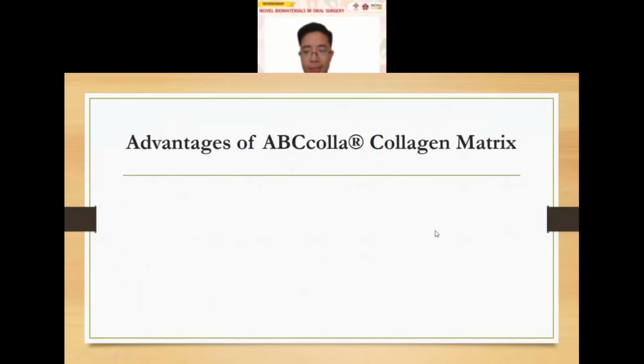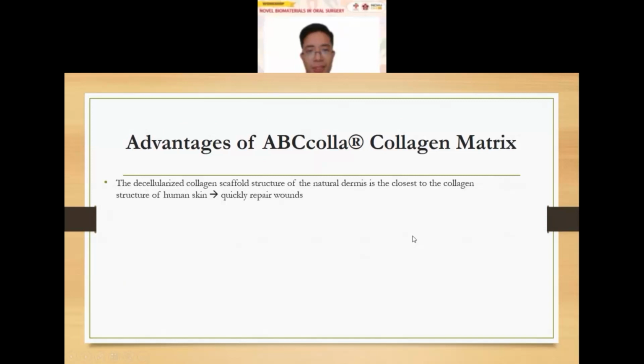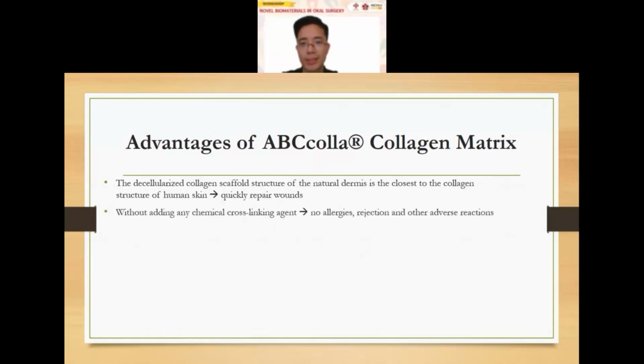This is the advance of the ABC Collagen Matrix. The advance of ABC Collagen Matrix is very similar to the advance of ADM which we need, but this has the big advantage for almost all patients in Vietnam because it's cheap.